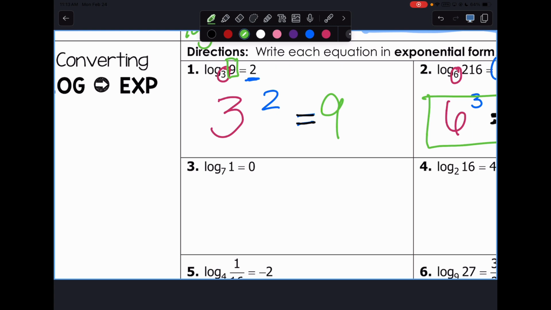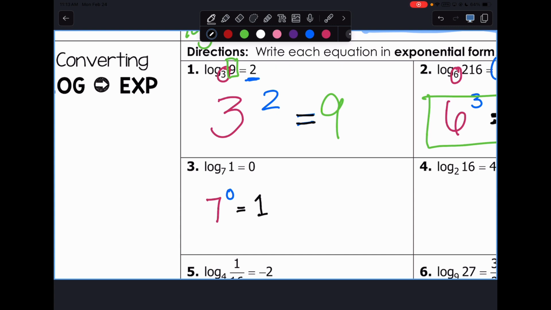Log base 7 of 1 equals 0. So how do we write it as exponential form? 7 is the base, 0 is the exponent, equals 1. Is that true? Yeah, any number to the 0 power equals 1, right?